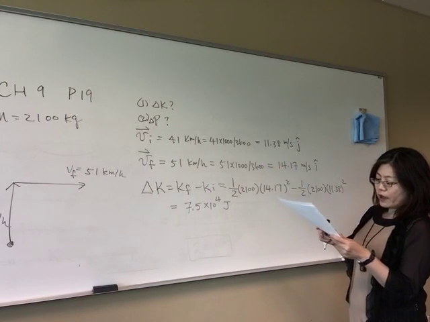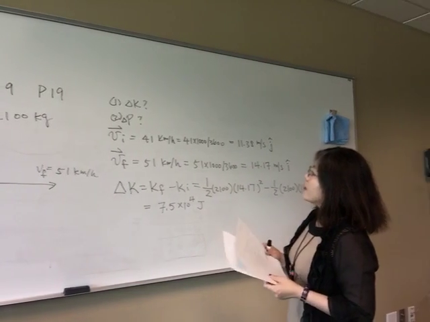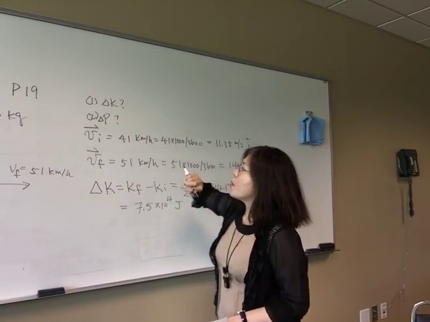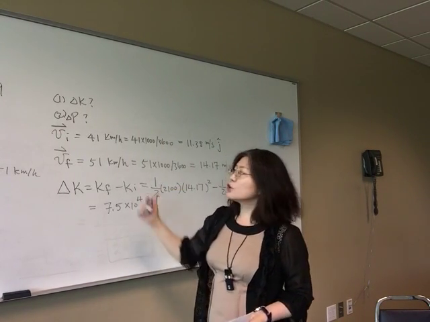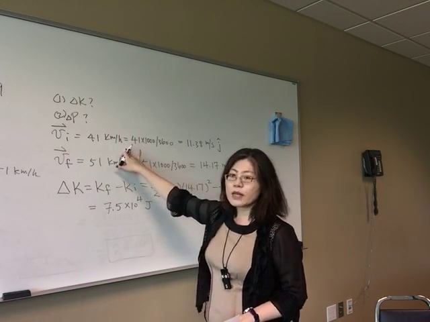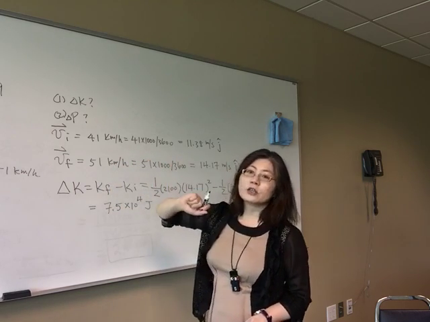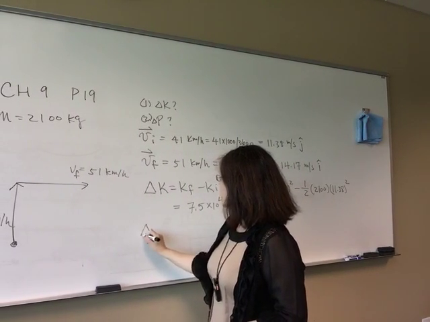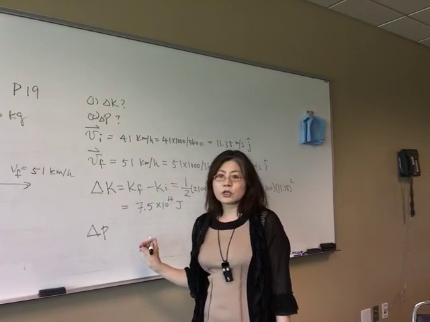Okay, so that's your part A, and then you're asked to find the change in momentum. How do we calculate the change in momentum? We know that momentum is defined as mass times velocity. So you have the initial linear momentum and the final linear momentum, so we can calculate the change in linear momentum, in other words, your delta P. But delta P is actually a vector.